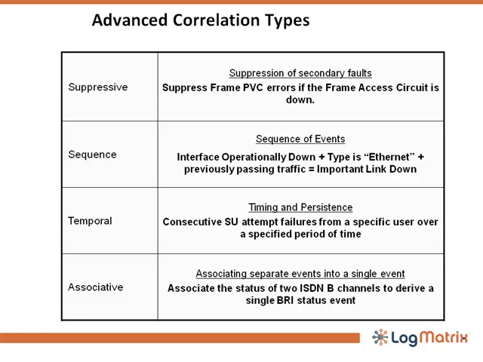We can also associate a login failure from one user a couple of times, and they just fall under our 3 and 2 minute category, but then followed shortly thereafter by 2 failures from another user. We can associate those 2 together to be a potential attack. So there is lots of ways to associate. Associate all kinds of things, interfaces, status, events. So there are the advanced correlation types.